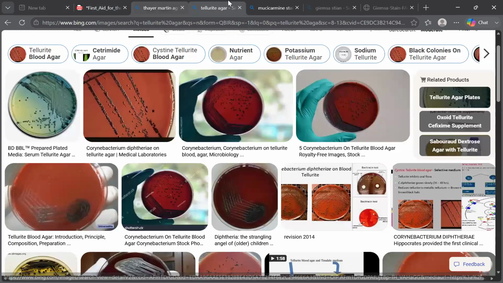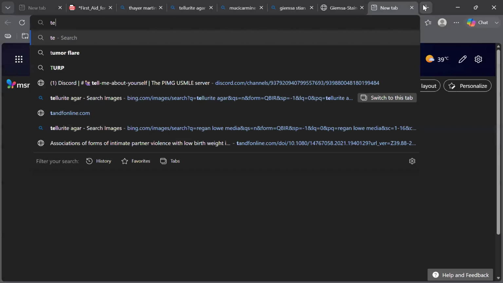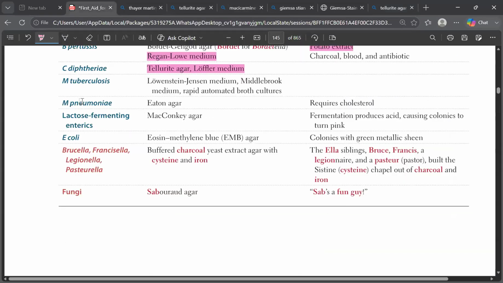So tellurite agar is a selective and differential medium primarily used for isolating Corynebacterium species, especially Corynebacterium diphtheria, by exploiting their ability to reduce potassium tellurite to produce gray-black colonies. So yes, Corynebacterium diphtheria can cause potassium tellurite to be reduced, and produce gray-black colonies on blood agar. So tellurite agar is specifically being used for Corynebacterium diphtheria, and Loeffler medium as well.